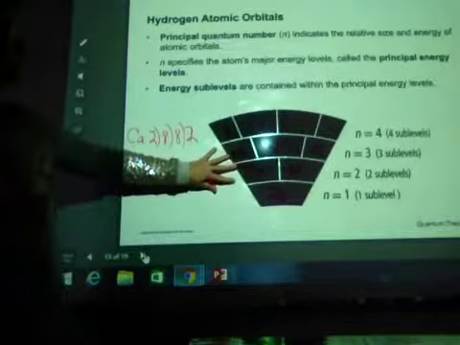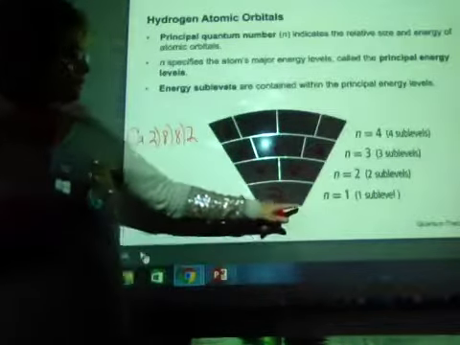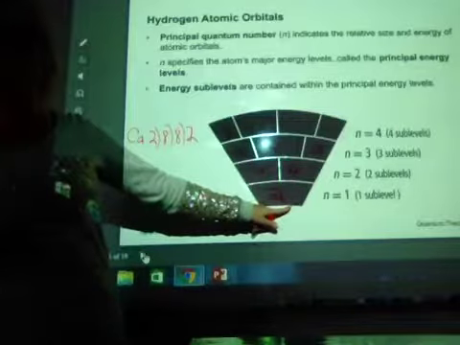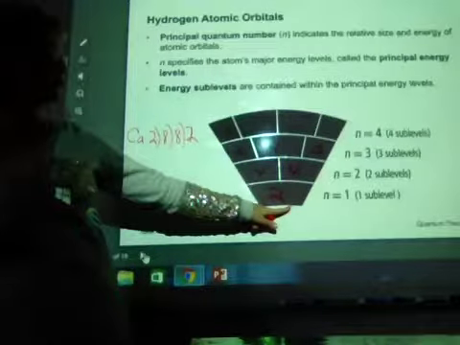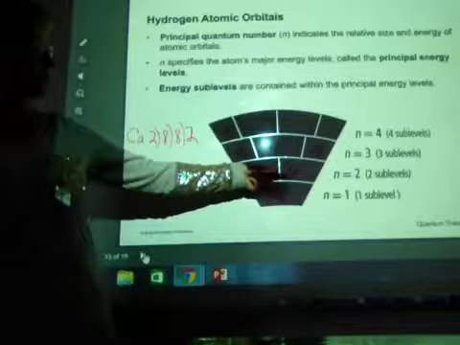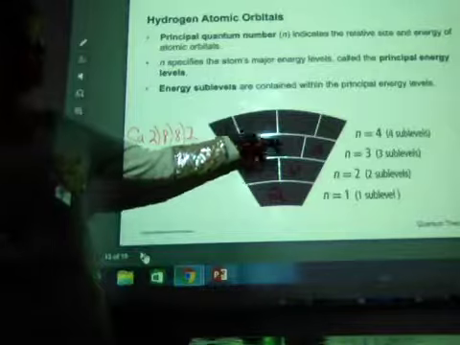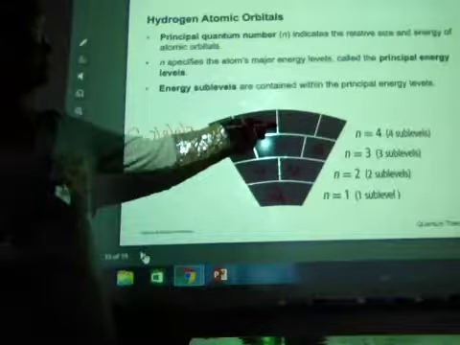But what that shows is in N equals 1, this is the first sublevel. That's where the first 2 electrons go. Here's my second sublevel. It's a little bit further away from the nucleus. Here's my third sublevel. Here's my fourth sublevel.